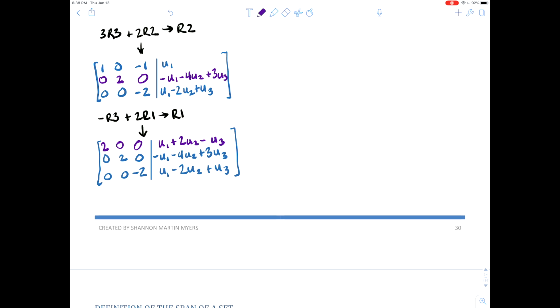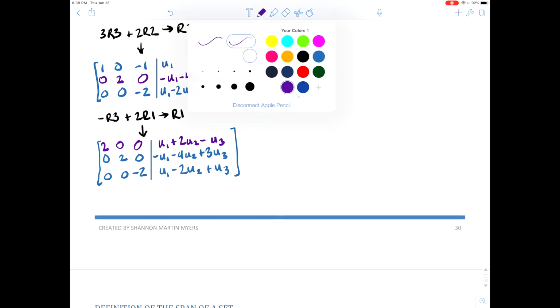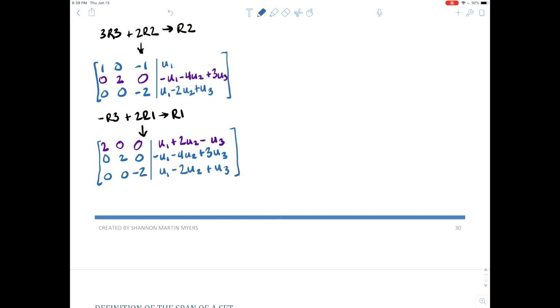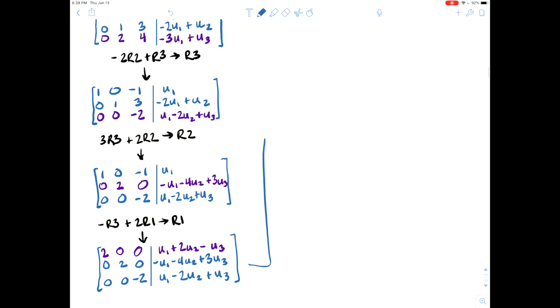Groovy? All right. And this in turn will give us the system 2C1 is equal to U1 plus 2U2 minus U3.